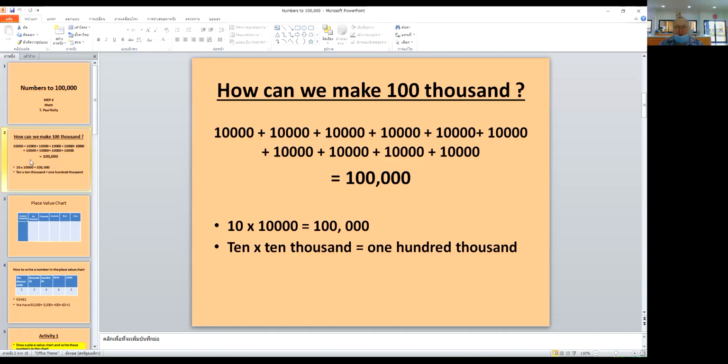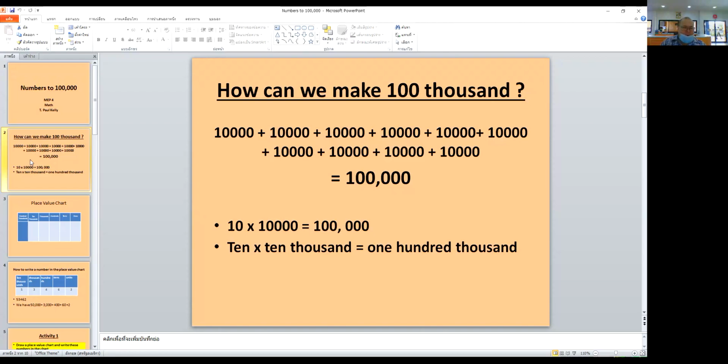So let's have a look. If we have 90,000, how do we make it up to 100,000? We have to add another 10,000. That way it equals 100,000.